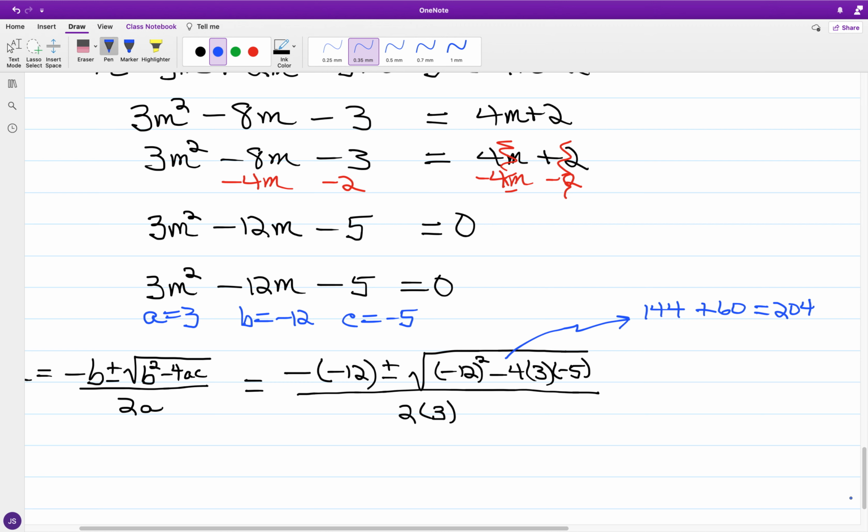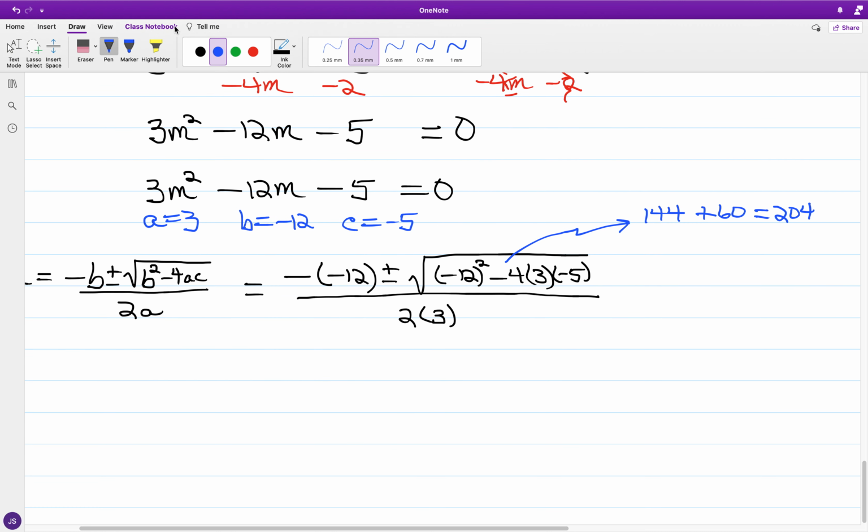So right now we're going to have in the radical the number 204. So 12 plus or minus the square root of 204, and we have all over 6.